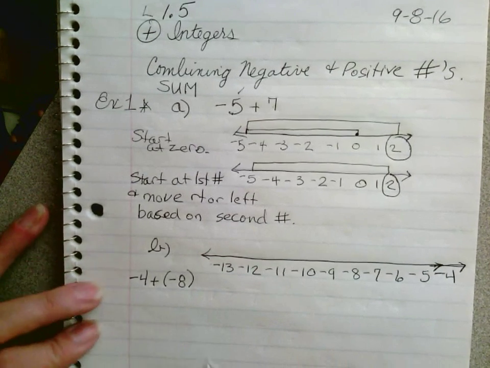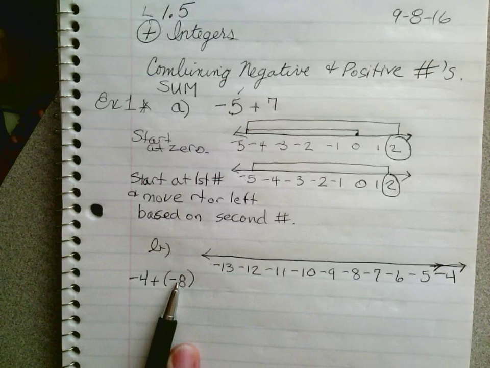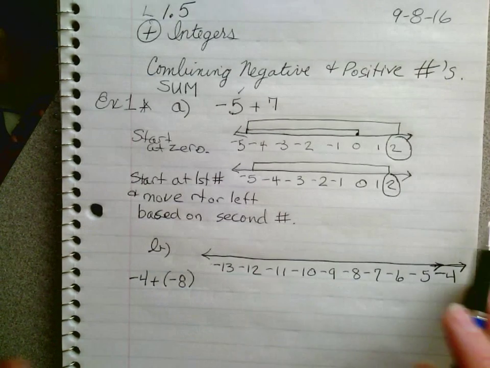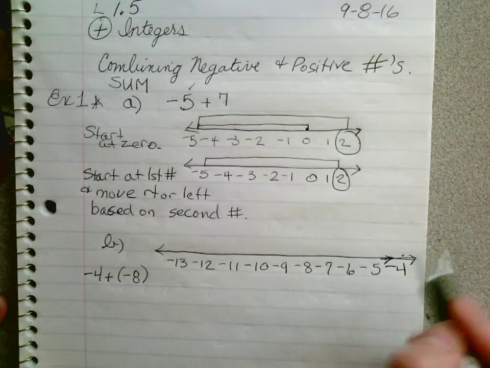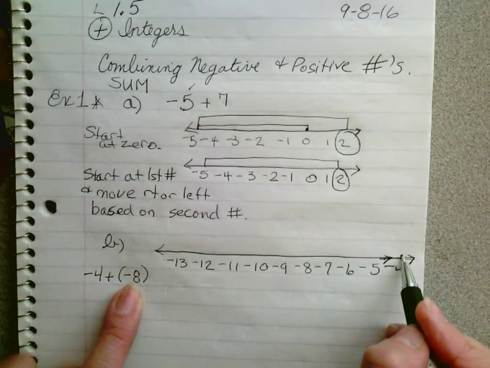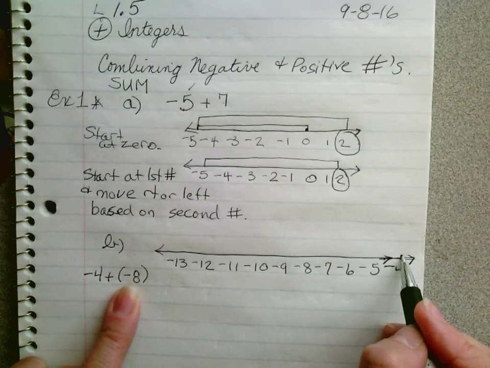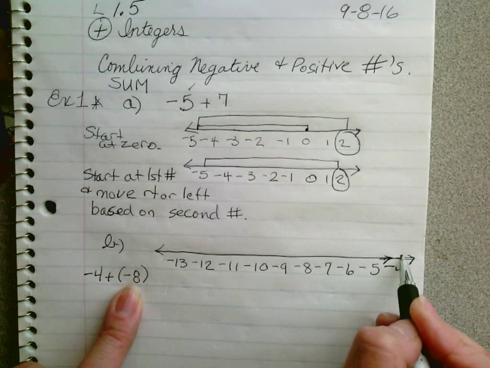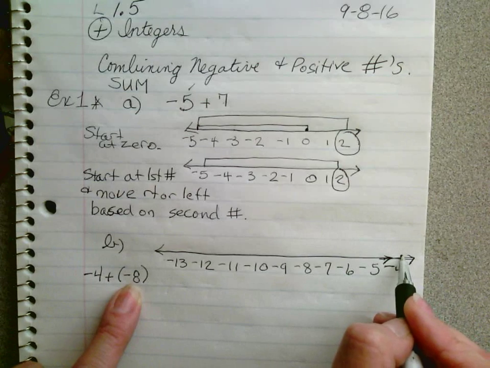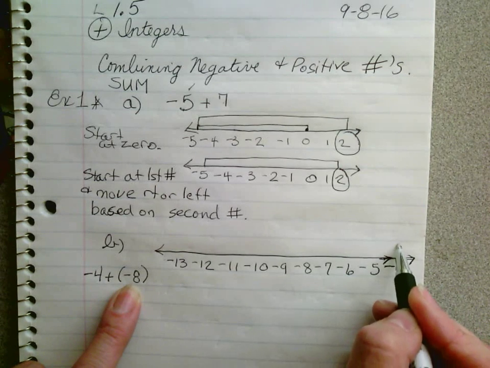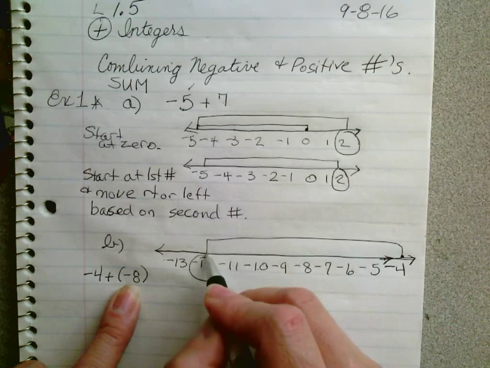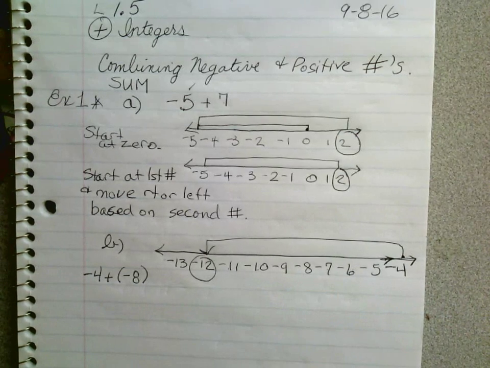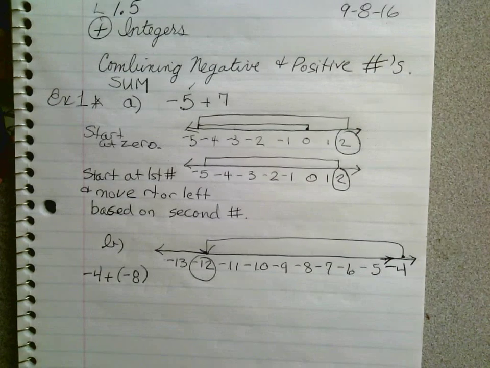So all you're doing here is combining these two items together. If I started at 0, I would move to -4 and then go left or right according to the sign of this number. Since this is a negative, I'm going to go left 8 spots: 1, 2, 3, 4, 5, 6, 7, 8, results in -12. And there's your answer. Those are just a couple of samples that you're going to use.